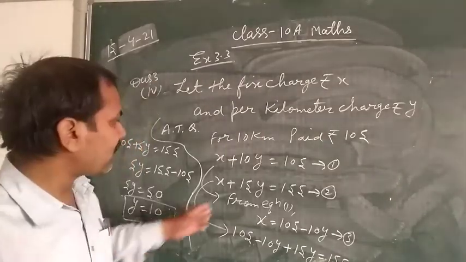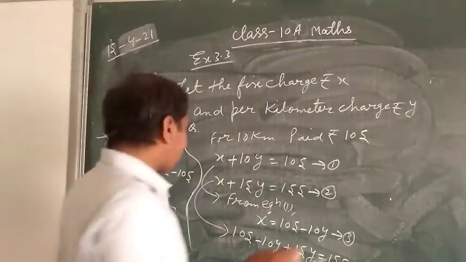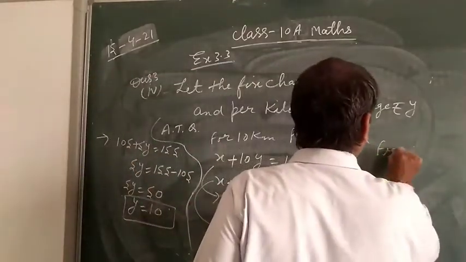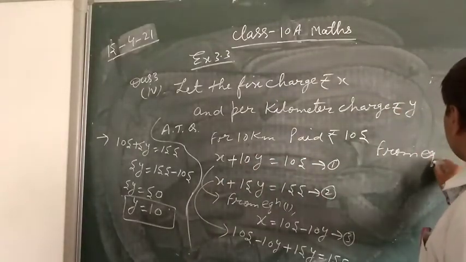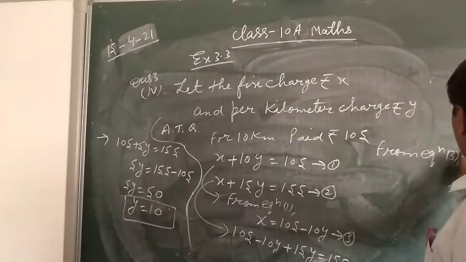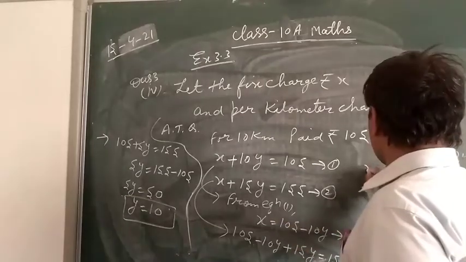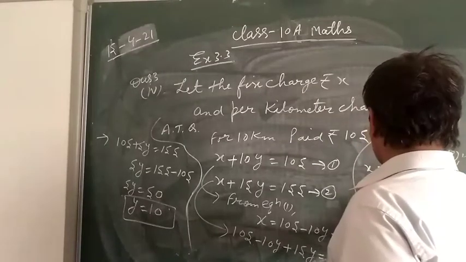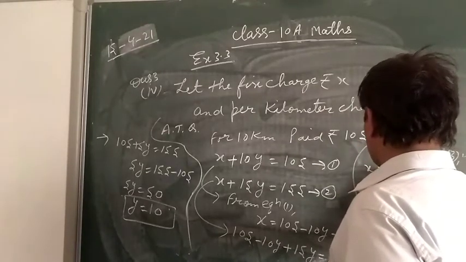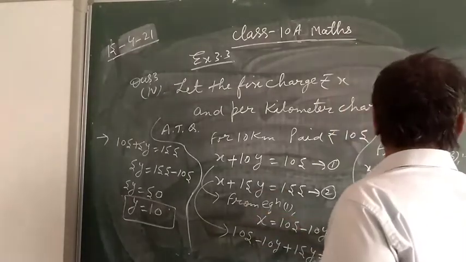Then putting the y value in any equation, first, second or third. So from equation 3, x is equal to 105 minus 10 times the y value 10.